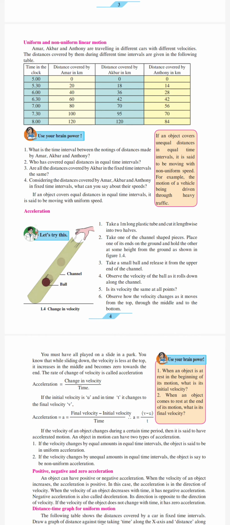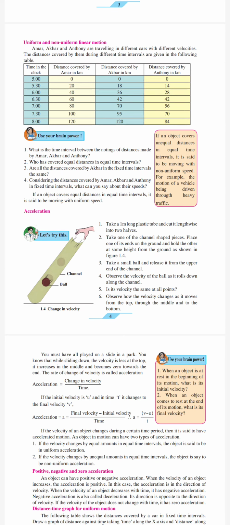At every half hour Akbar should cover an equal distance. Till 6 o'clock Akbar covered equal distance, but after 6:30 the distance covered by Akbar is not the same.